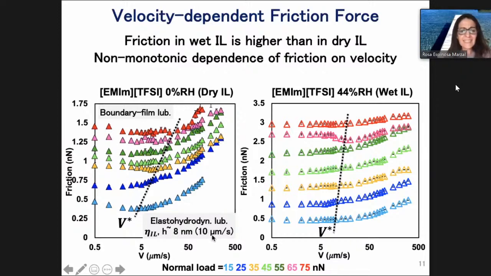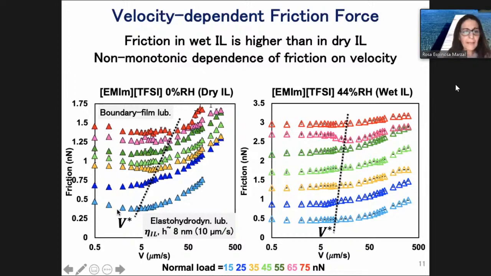And this tells us that the thickness here is much larger than here. So we have a kind of hydrodynamic lift. We assume that above this transition velocity, we move into hydrodynamic lubrication, and below this transition velocity, we are in boundary film lubrication. So a very thin film of ions separates the two surfaces and provides a good lubrication.